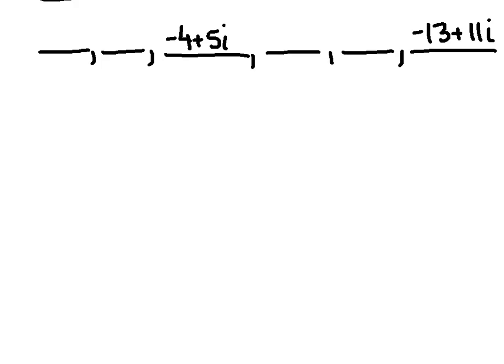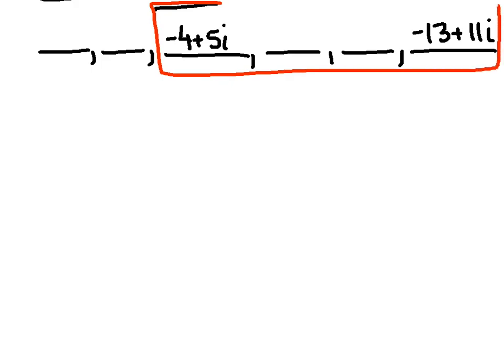For now, I'm going to conveniently ignore those first two terms, and I'm going to put a box around this. I'm going to put all of my energy into this particular sequence right here. And instead of calling negative 4 plus 5i my third term, I'm going to say that's my first term for right now. There's my second term, there's my third term, and there's my fourth term.